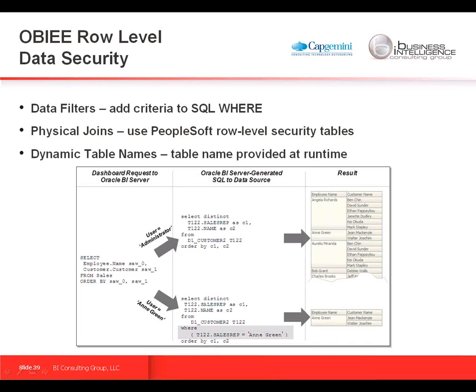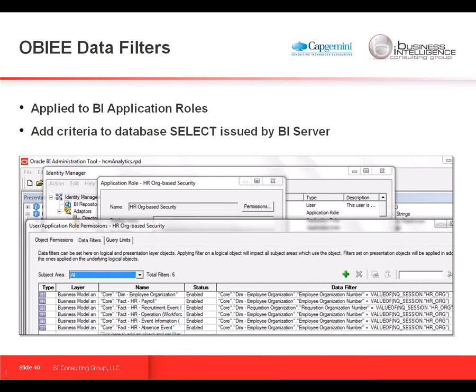Taking a quick look at the data filter feature, that's something that is applied within the BI repository. You apply it to either roles or users. Typically, we want to obviously use roles to simplify the maintenance of it.